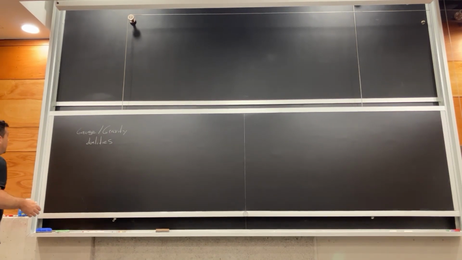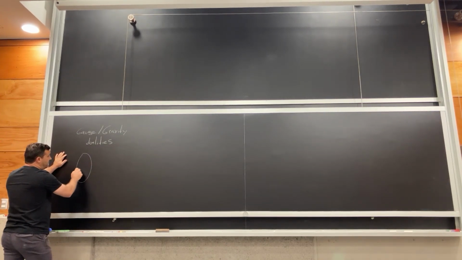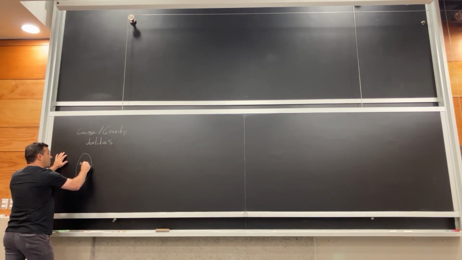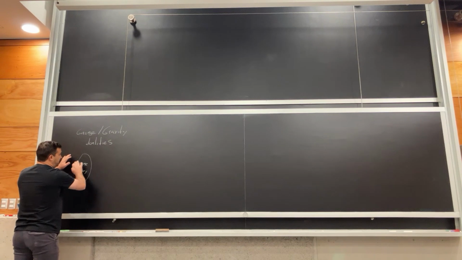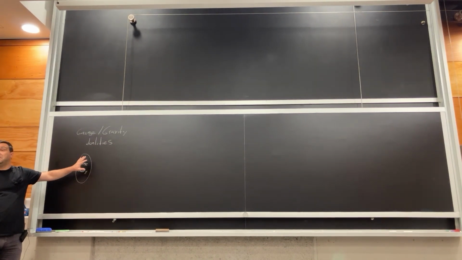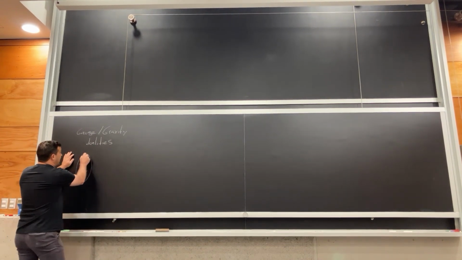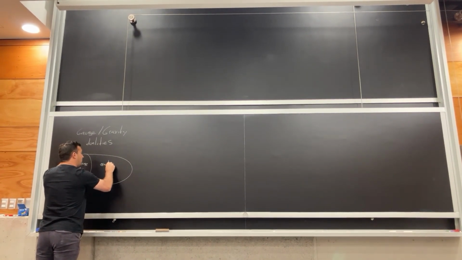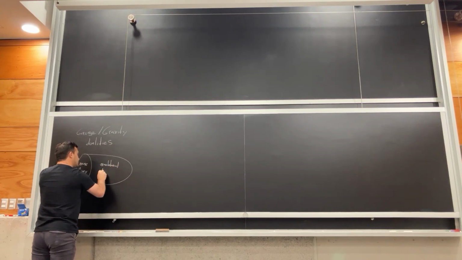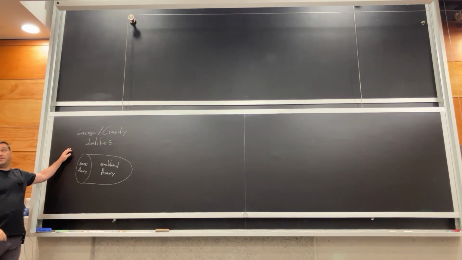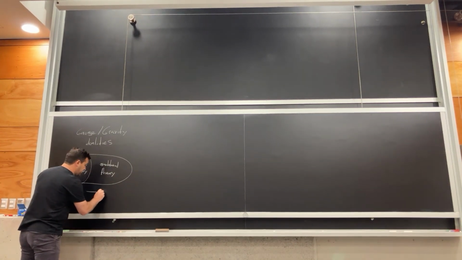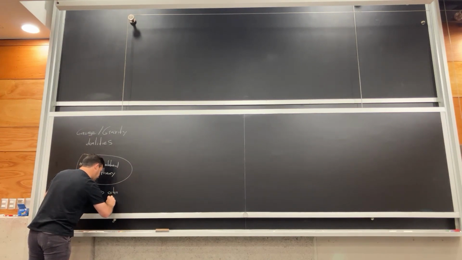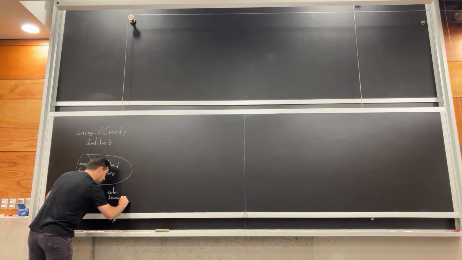This is a relatively old idea, back from the 80s, that says that if you have a gauge theory defined in some space, let's say 4-dimensional Minkowski space, you can describe that same theory with a gravitational theory that lives in one extra dimension. Okay, so this is the basic idea of holography.